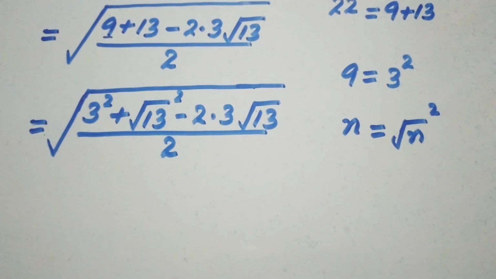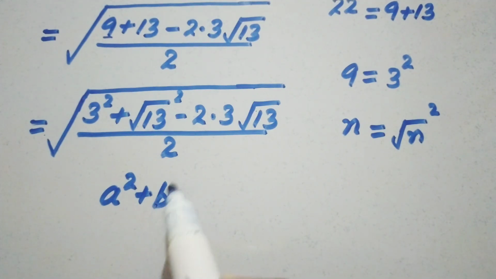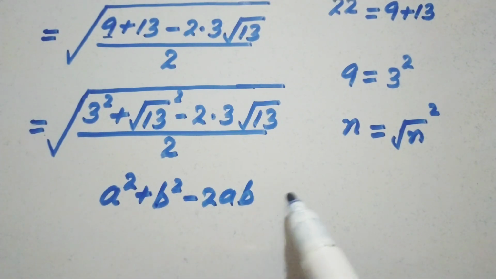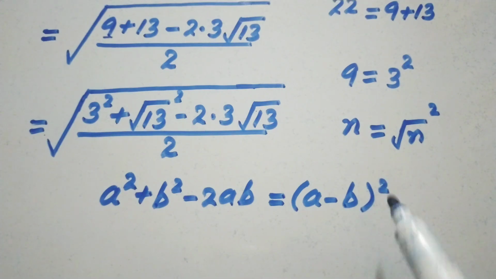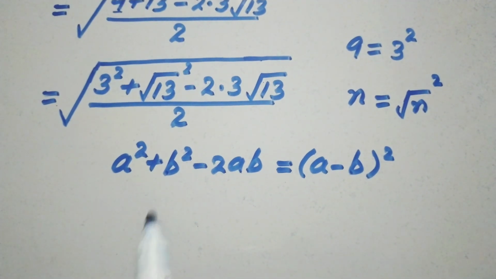Now we have to use an algebraic identity, that if we have a squared plus b squared minus 2ab, we know that this is equal to a minus b whole squared. So here in the place of a we have 3 and in the place of b we have square root 13.